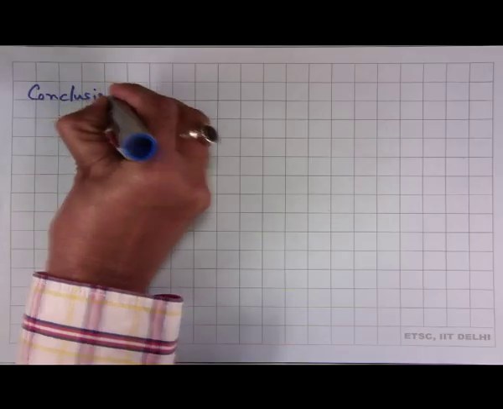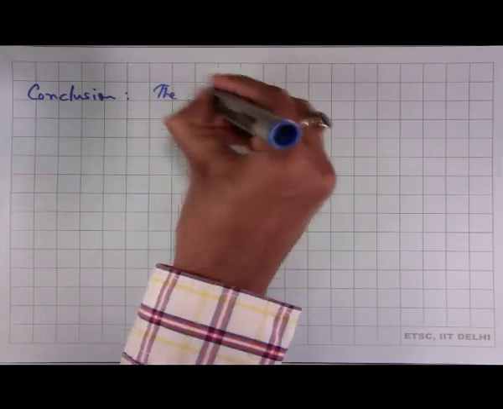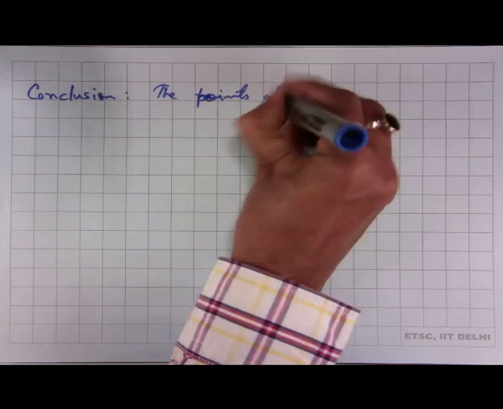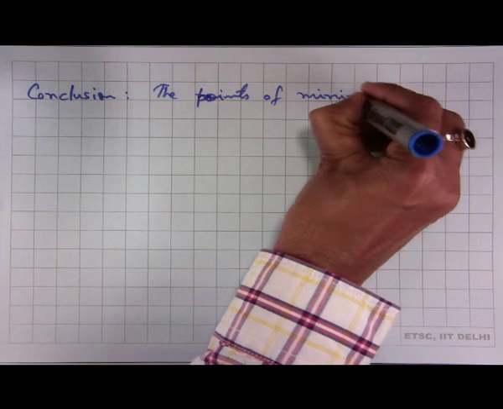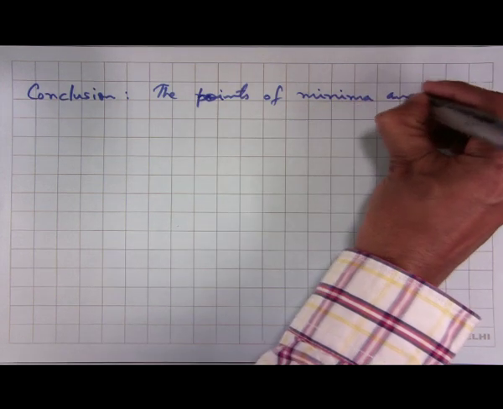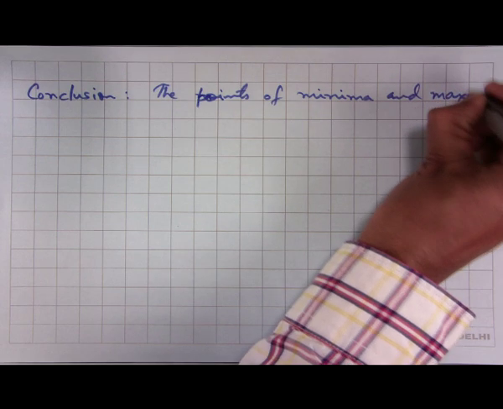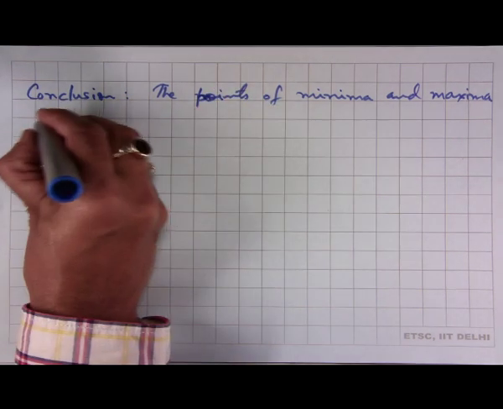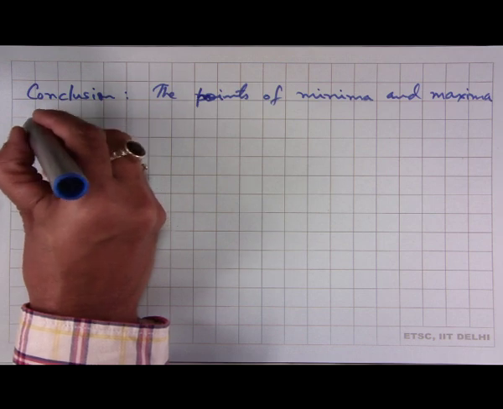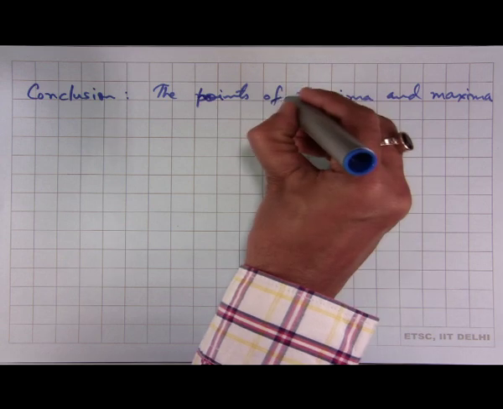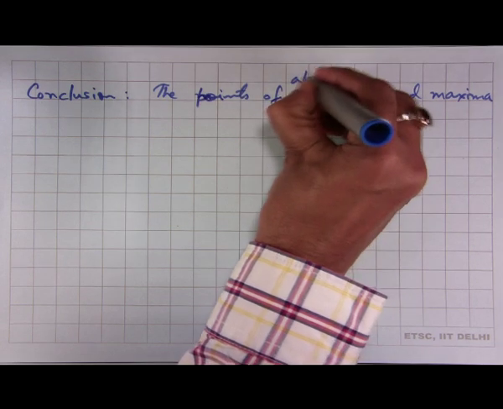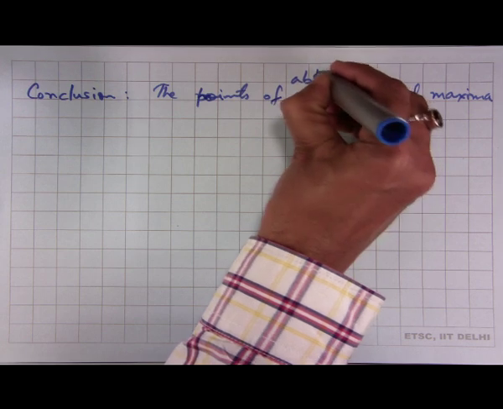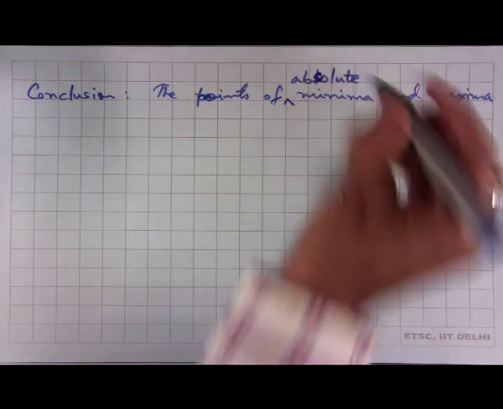So, conclusion, the points of minima and maxima, let me call these the points of absolute minima and maxima, because this gives me the greatest value and the least value.